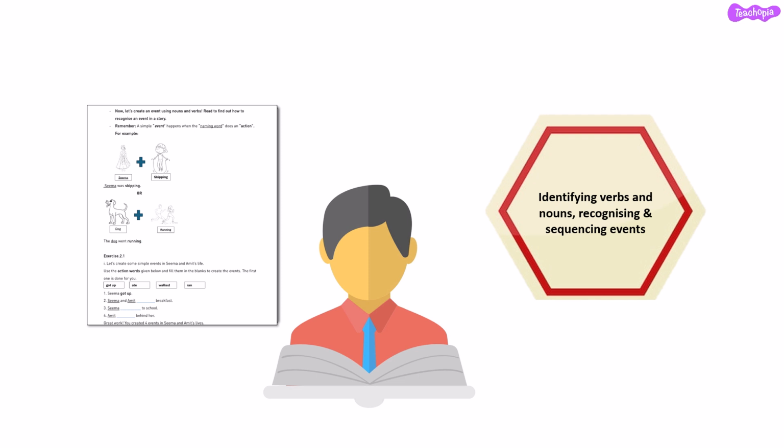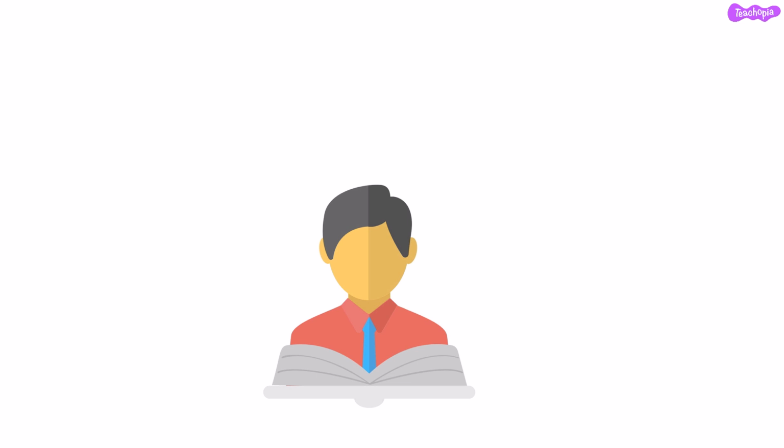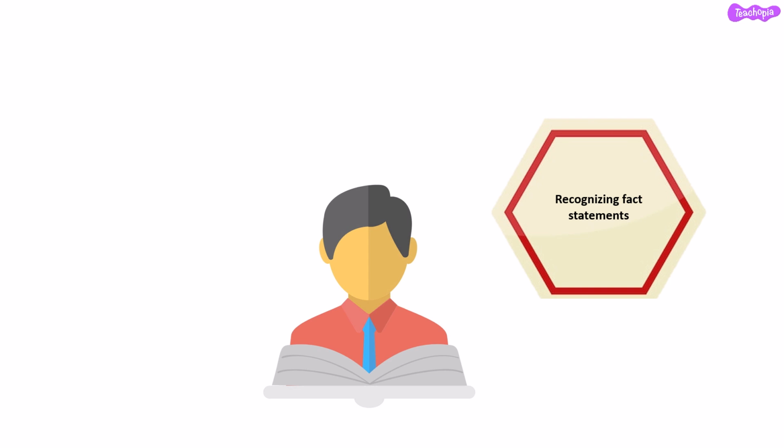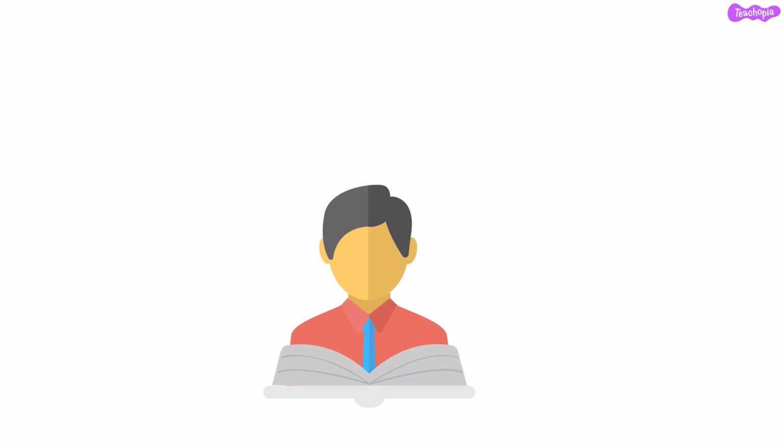Also, helps them understand how they can come together to create events in a passage, and learning how to identify sequence of events in a passage. If the learner is unable to identify fact statements in a story, redirect them to activities under reading comprehension that help learners picturize events in a story and understand how details in a story are categorized as facts.